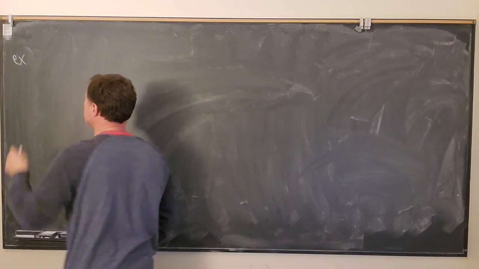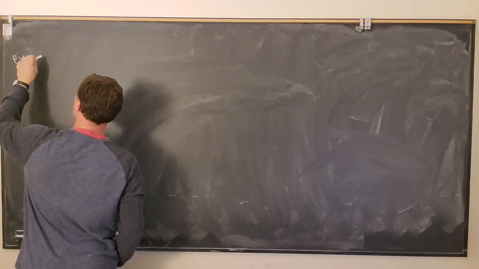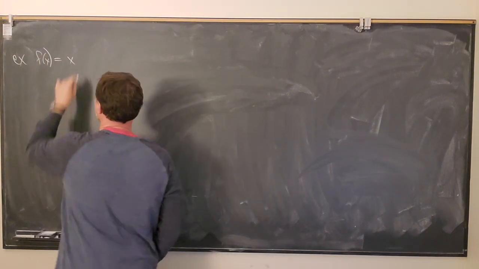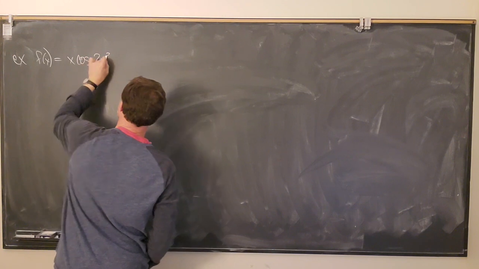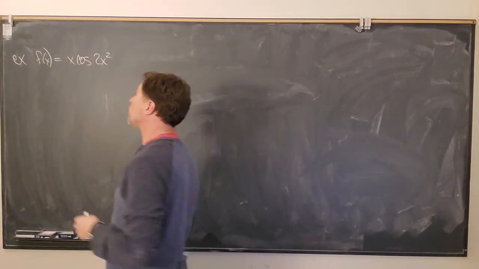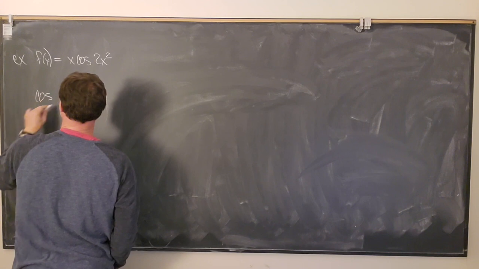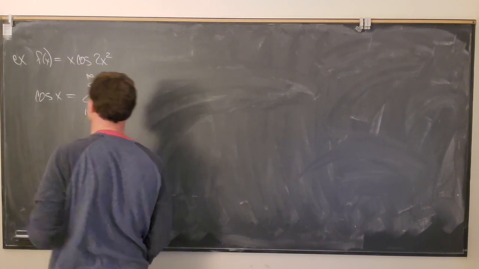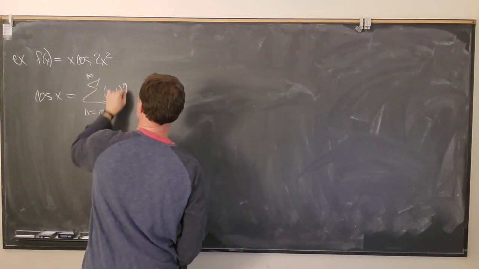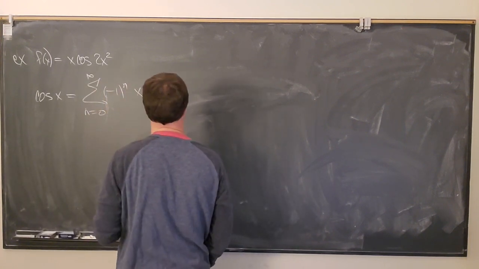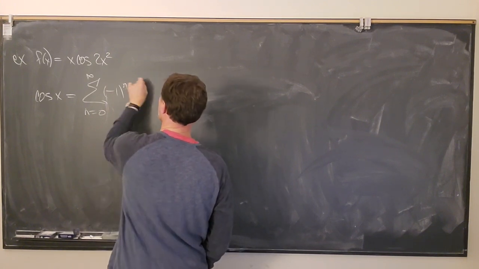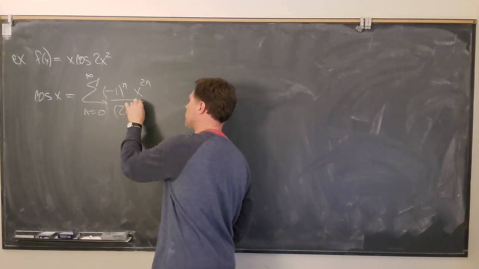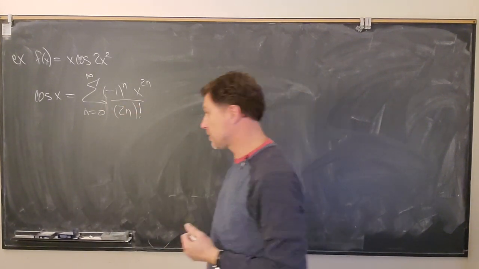Next example, let's do the same thing where our function f of x will be x times cosine of 2x squared. So start off with the Maclaurin series for cosine: x to the 2n over 2n factorial, with the alternating sign. So there's the Maclaurin series for cosine. Next step, I'm going to substitute.